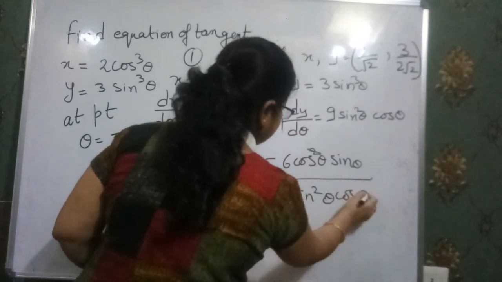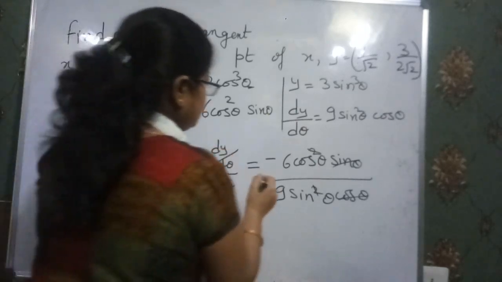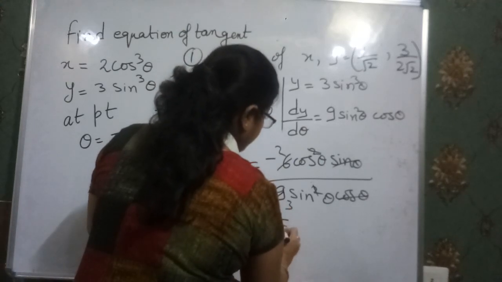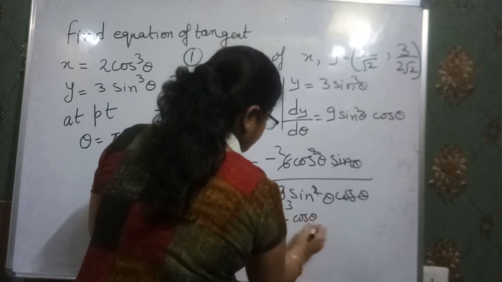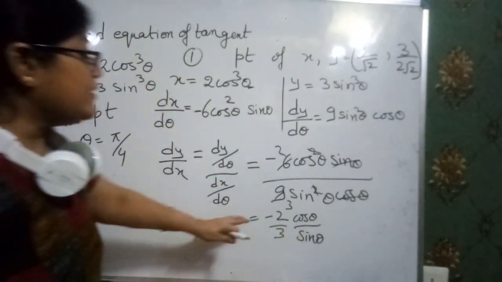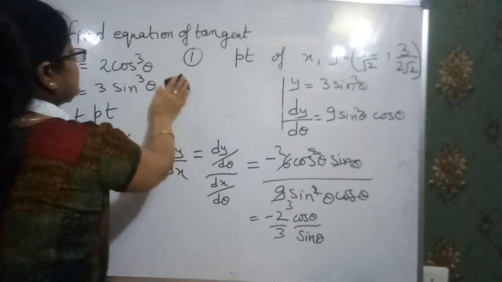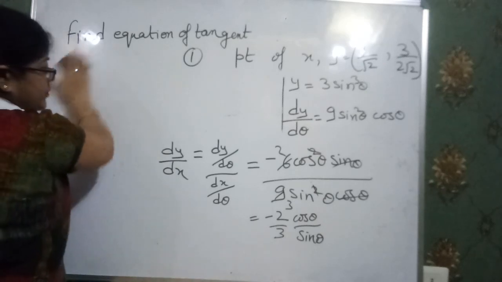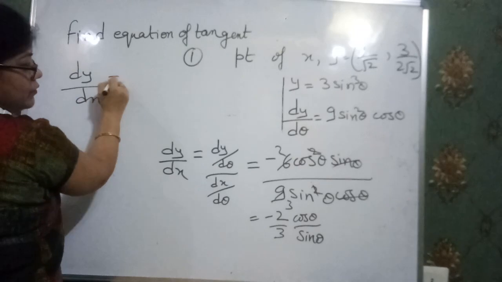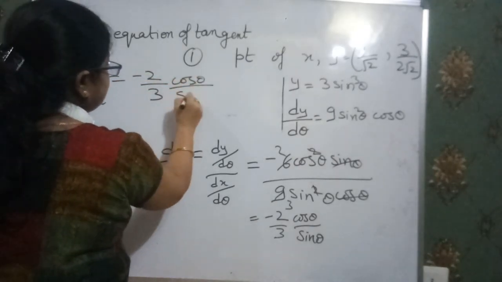Everything gets cancelled: 3 2s are 6, 3 3s are 9, so minus 2 upon 3 cos theta over sin theta. So dy over dx is equal to minus 2 over 3 cos theta over sin theta.